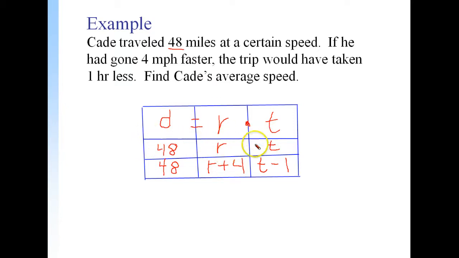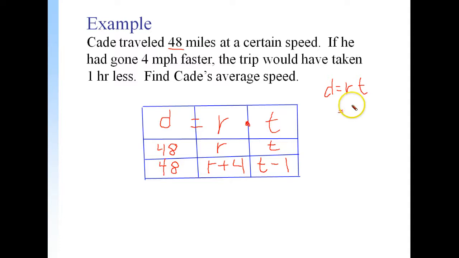And now we try to make an equation out of this. And we know that distance equals rate times time. Now, what would rate equal? Because I don't know if you noticed here, we have 2 variables.